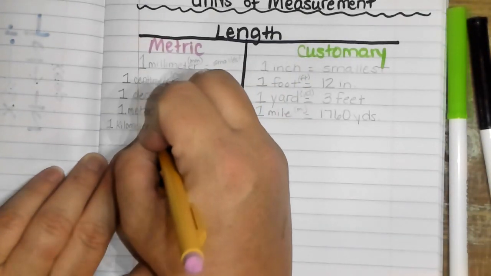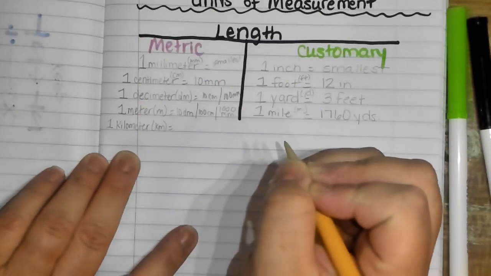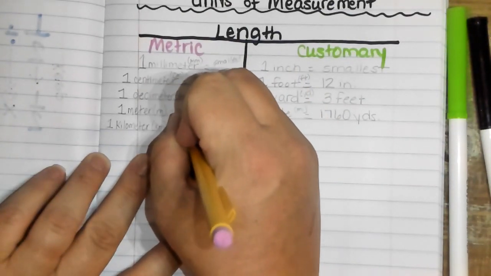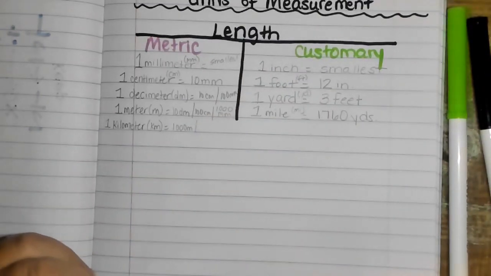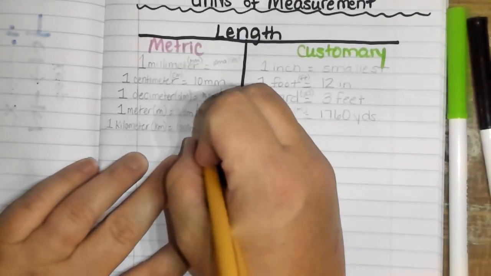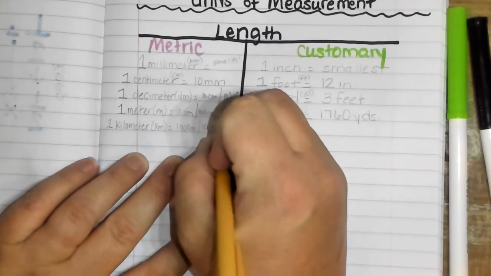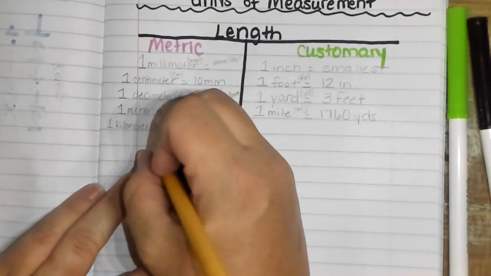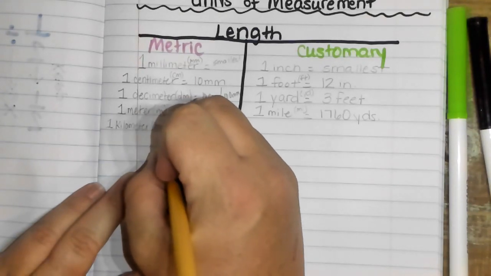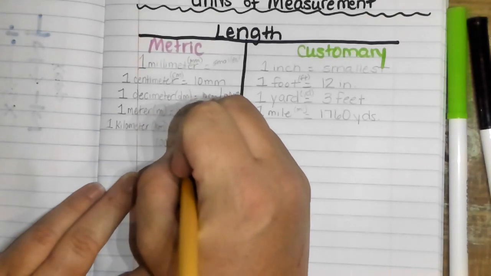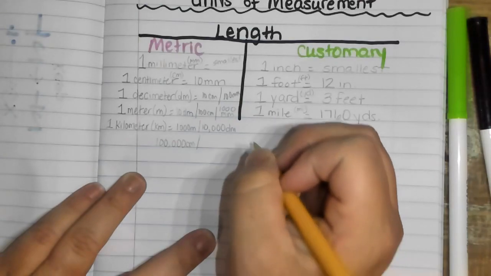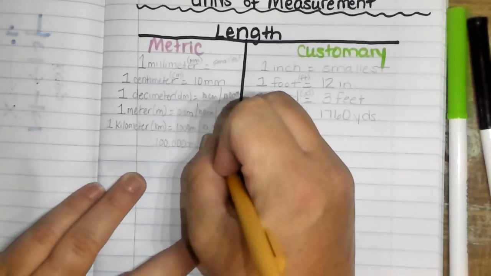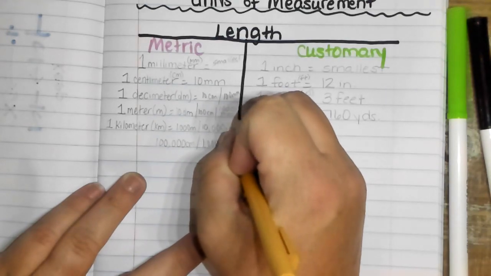Its abbreviation is km, and it is equal to 1,000 meters, 10,000 decimeters, 100,000 centimeters, and 1,000,000 millimeters.